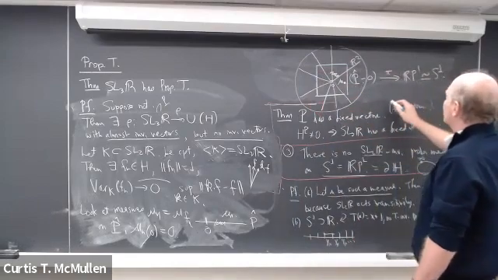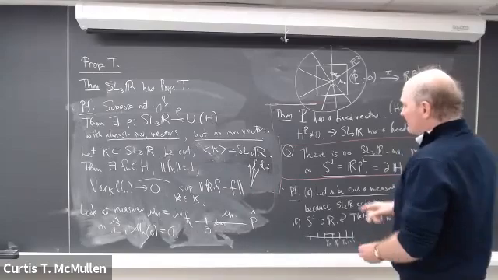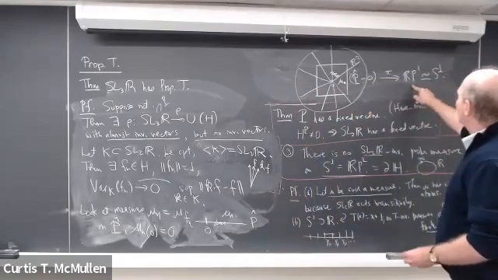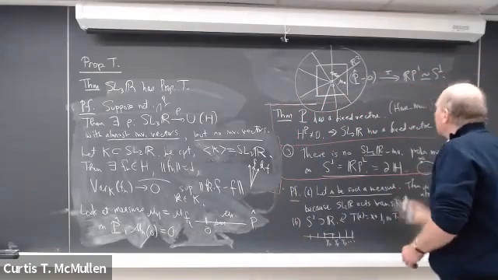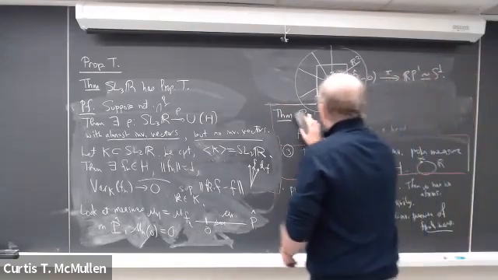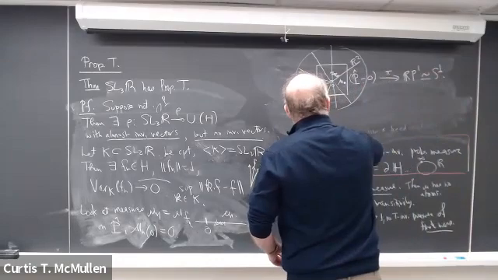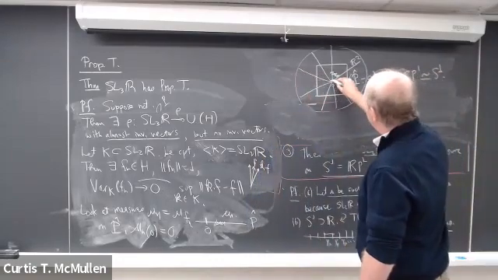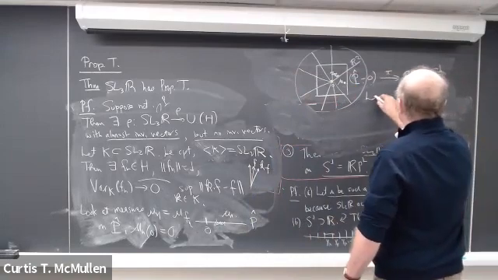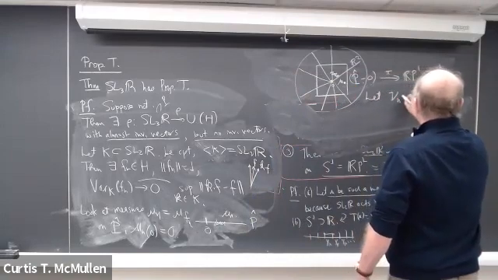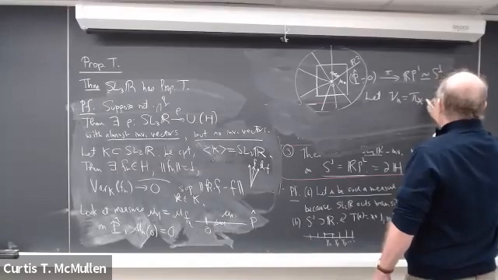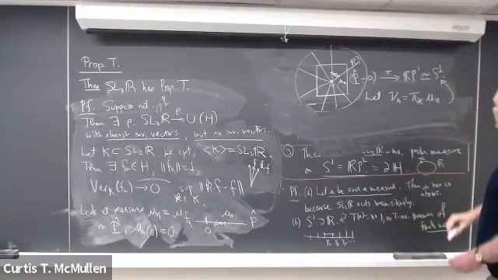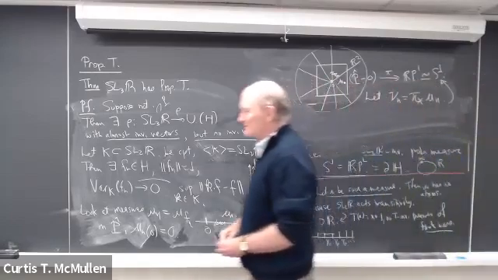That's what pi is. So from these measures on P hat, I get measures on the circle. And the fact that these are probability measures uses the fact that there's no atom at the origin. So we let mu n be pi lower star of mu n. This is a probability measure on the unit circle.